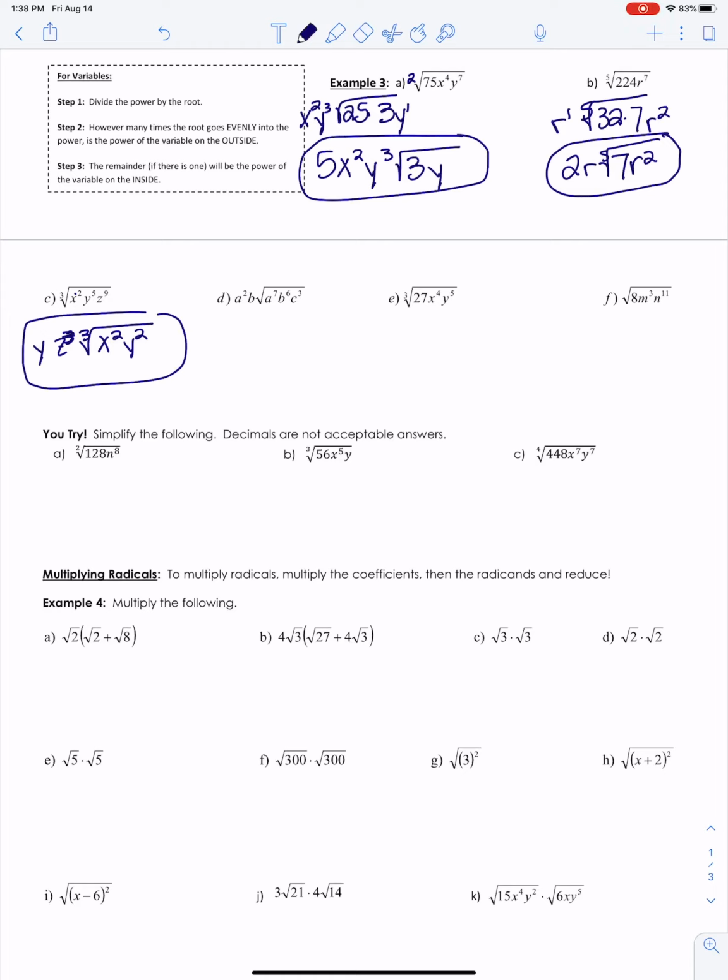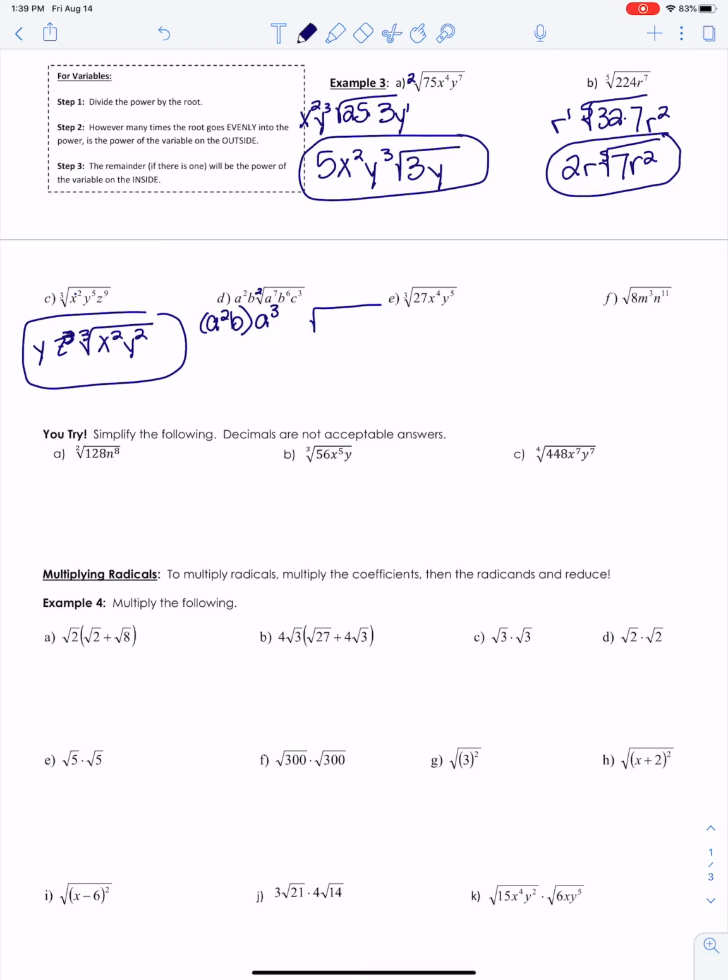Okay, so now on D, we've already got something on the outside. So I'm just going to write it in front, because if I get anything on the outside in the end, I'm going to multiply those. Now, remember, my index for this is 2. It's an invisible 2, but sometimes I like to write it just to remember what number I'm using. 2 goes into 7 3 times, so I have a to the third on the outside.